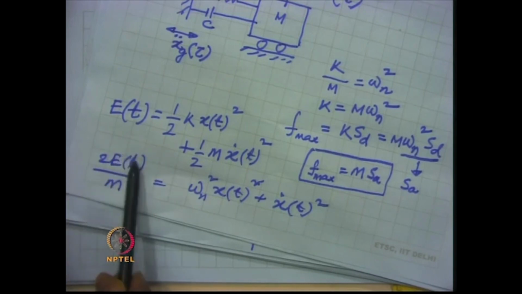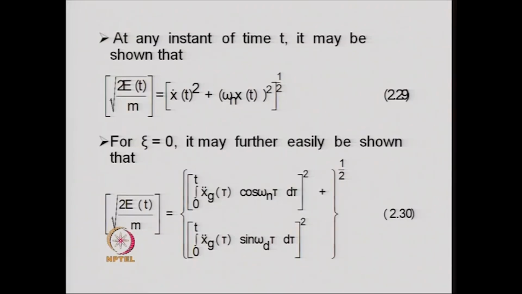The square root of that is obtained for every instant of time t, the maximum value is obtained, and that maximum value is plotted against omega n for a given damping ratio xi. The plot can also be obtained against the time period rather than omega n.